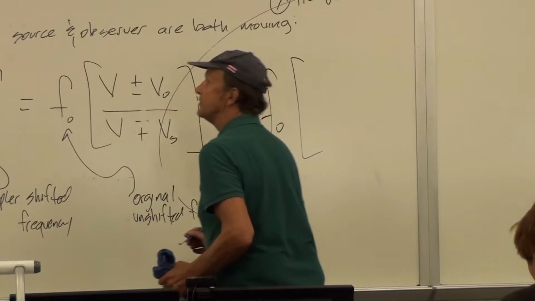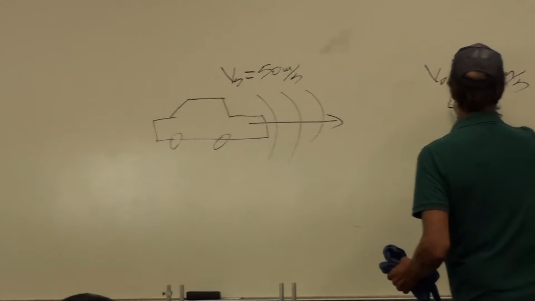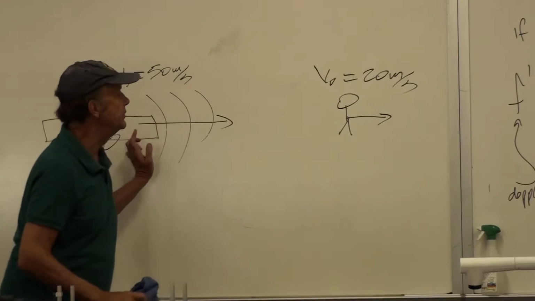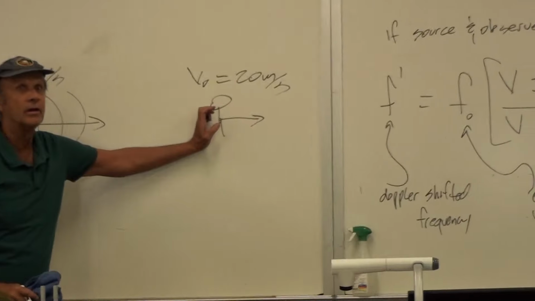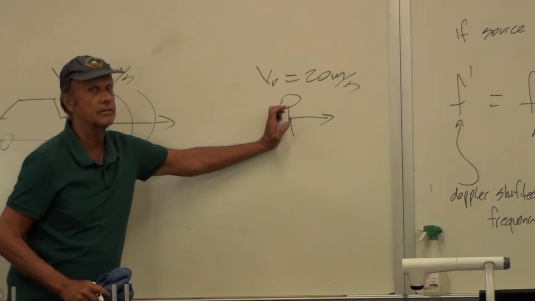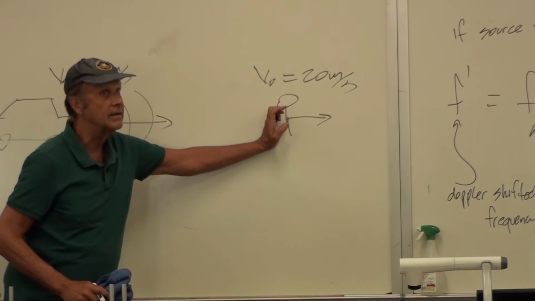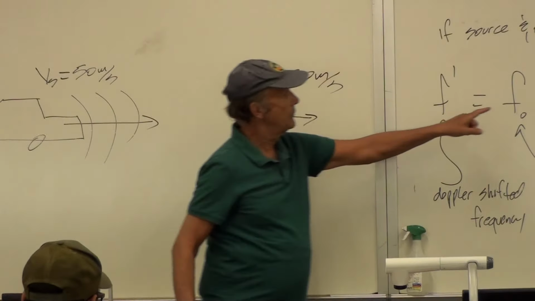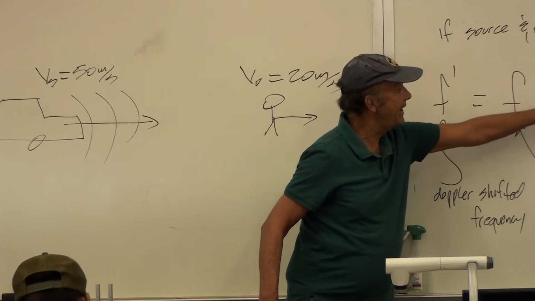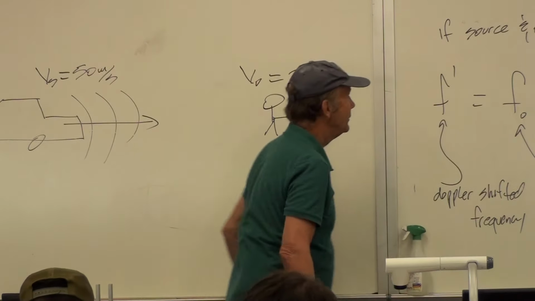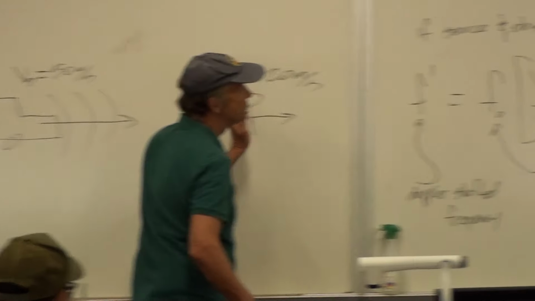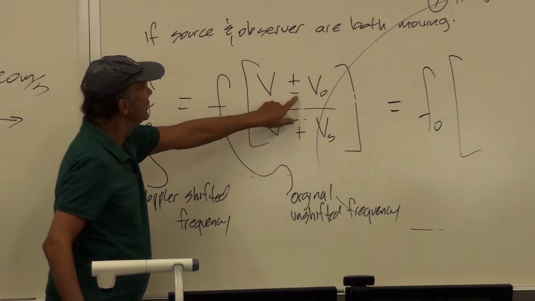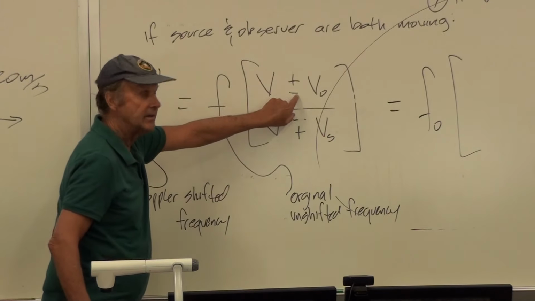And then what is the observer doing, and here we'll not worry about what the source is doing, just what is the observer doing on its own relative to the fixed Earth? It's moving away. Okay. So if it's moving away, which sign do we use in the top? The bottom sign. The negative. So we use the negative in both of them. Because here, the source is moving toward the observer, you use the top sign, but here the observer on its own is moving away from the source, so we use the bottom sign.